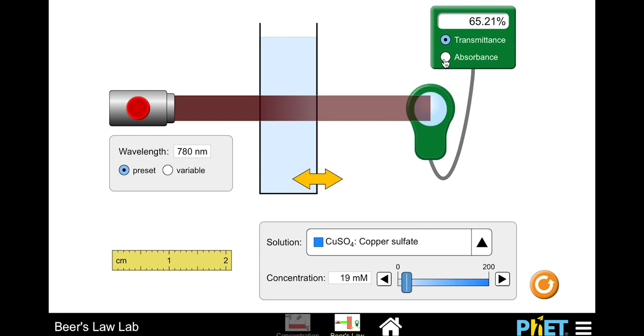After calibrating the spectrophotometer or colorimeter, by knowing the absorbance and transmittance, it becomes easier for us to know the concentration if the wavelength is fixed and known.